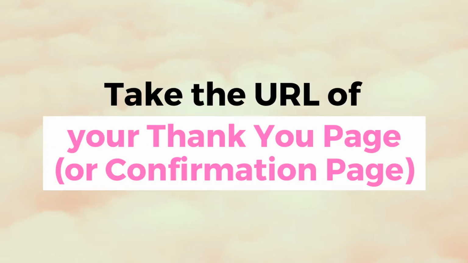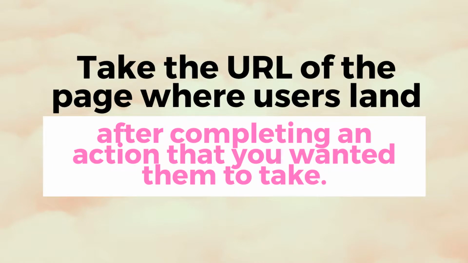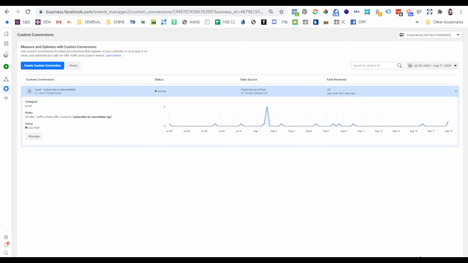First things first, make sure you have the URL of your thank you page. When you're creating a custom conversion, you want the URL of the page where they land after they complete an action that you wanted them to take. So if you wanted them to sign up for something, then you'd want the URL of the page where they land after they complete an opt-in form, and that's the URL you're going to take.